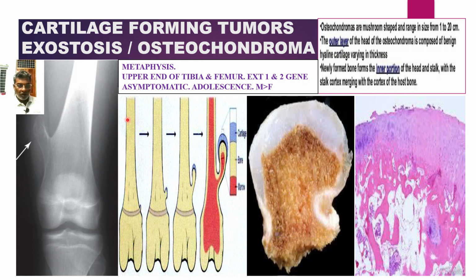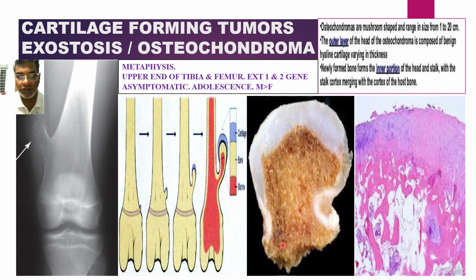This can be shown in the picture. Suppose this is your normal long bone. When there is exostosis, there will be an outgrowth, right? This is growing and finally forming like this. After grossing, there will be outer cartilage, and the inner portion will be your newly formed bone.